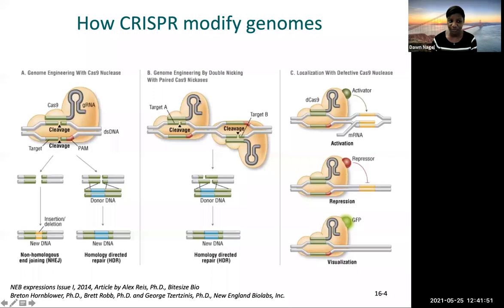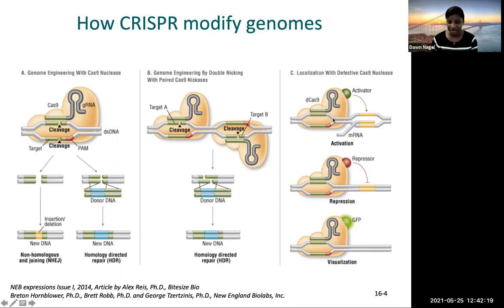There's a modified version of Cas9 called Cas9 nickase, where it can only recognize and cut a single strand of DNA. So you can do one strand here or one strand here, target multiple regions within the genome this way, and add a piece of DNA that you're interested in into that region.